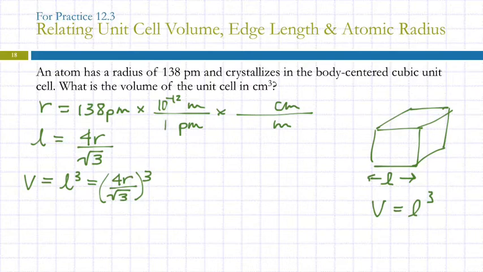And centi is 10 to the minus 2, so 1 centimeter is 10 to the minus 2 meters. So 1.38 times 10 to the minus 8 centimeters.